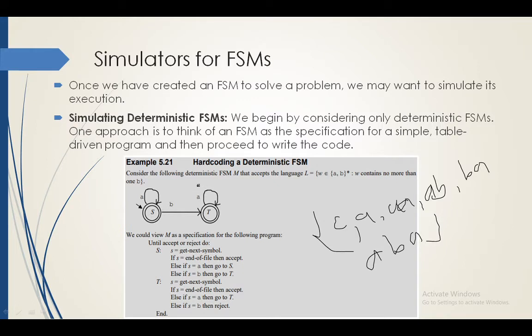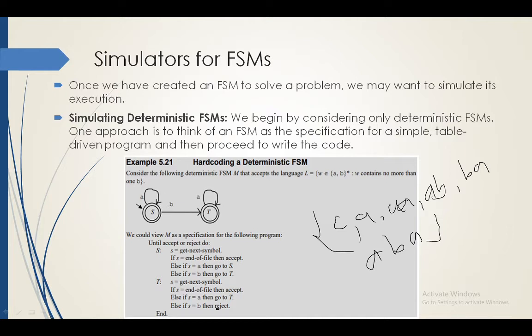If it is an A symbol, then it is a loop. You are going to be in the same state. If it is a B, then there is no transition for this B, so you are going to stay in a rejection state. So this is about the coding here.